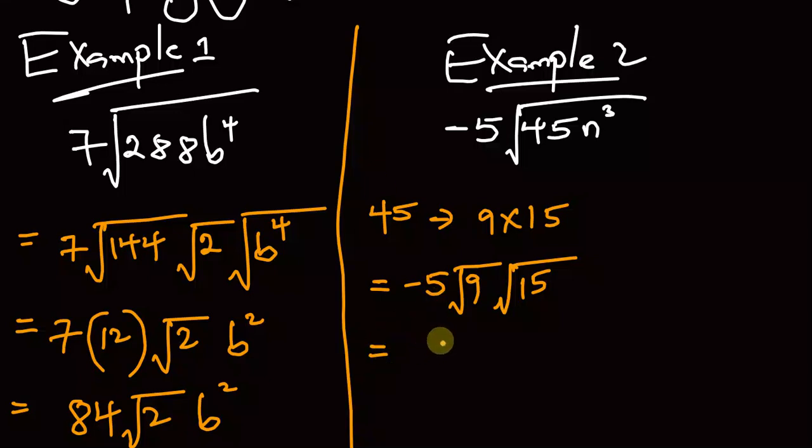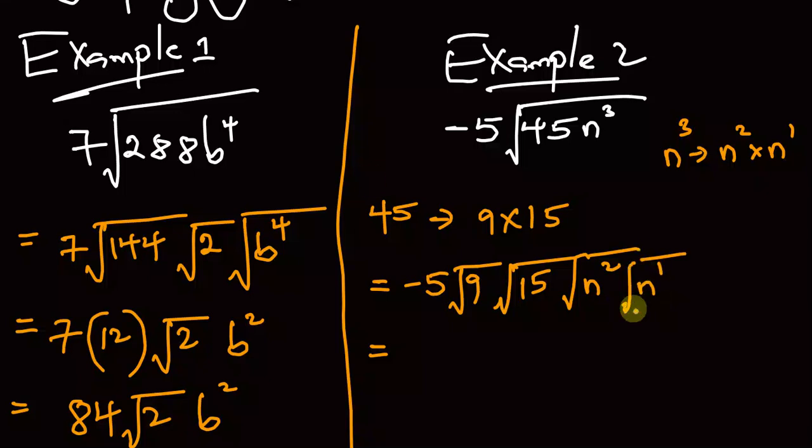This in turn is going to be then n cubed. We also have n cubed, without forgetting that. We can break that down to n squared times n, or times n to power 1. That is n cubed. So I'm going to write also that as n squared, then n power 1. Everything is inside the square root, as you can see.